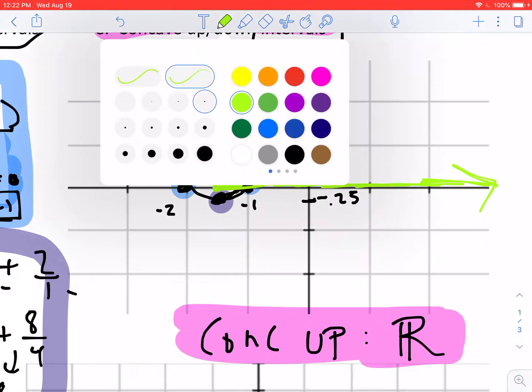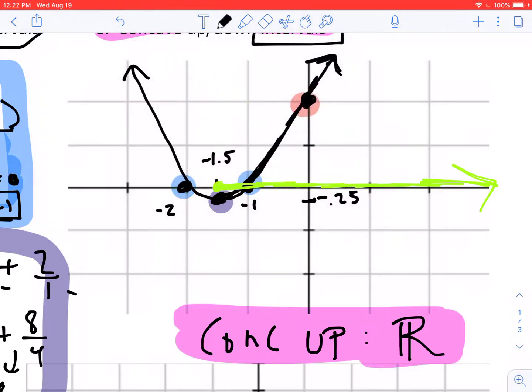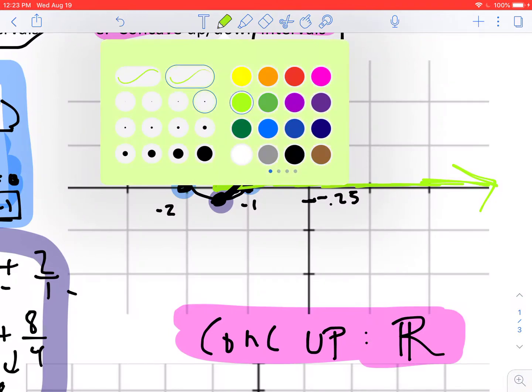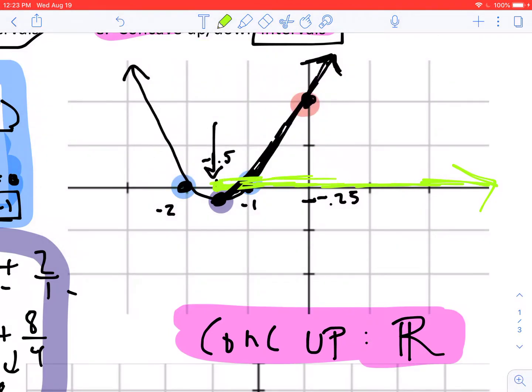Yes, I understand that the function has a low point at negative 1/4 and then just continues to rise forever. But that's not what the word interval is asking. It wants to know over what section of the x-axis is the function increasing. And it starts its increasing process here, and it continues to increase no matter how far along the x-axis you go. Okay? So it is increasing.